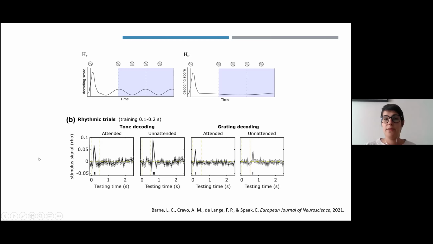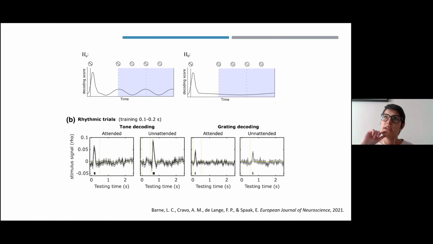So this was a bit frustrating, but well, maybe that's not how temporal expectations work. So this is really stimulus-specific information that we are trying to decode during this silent period.